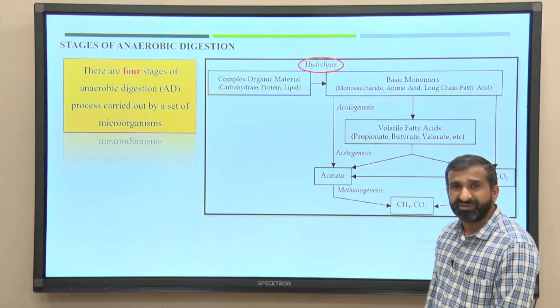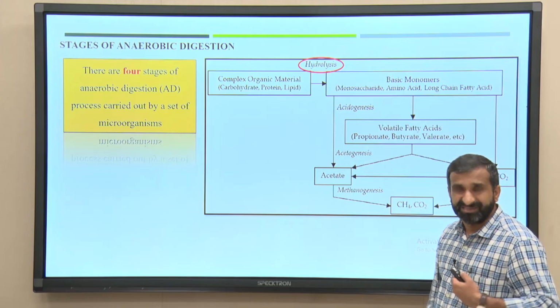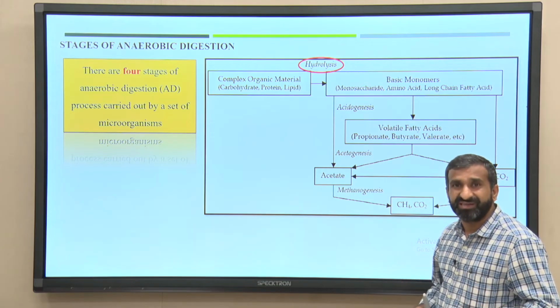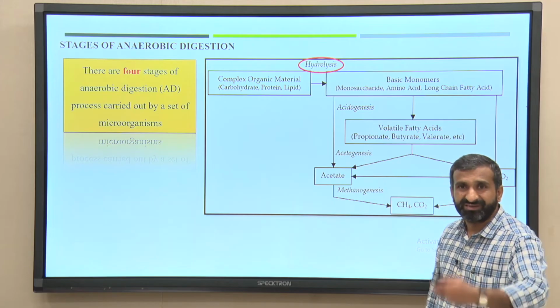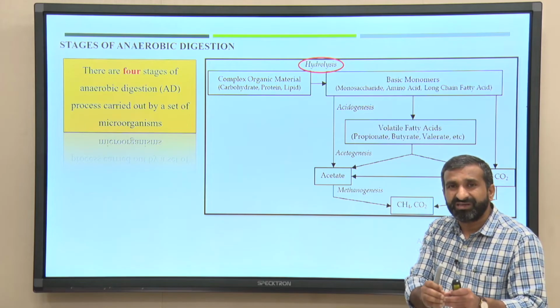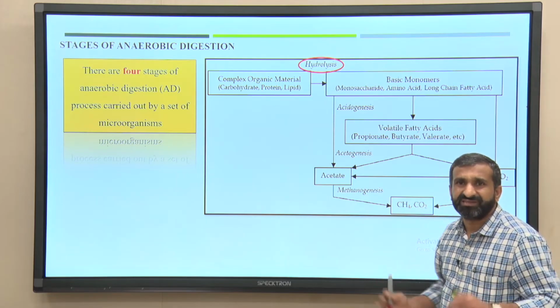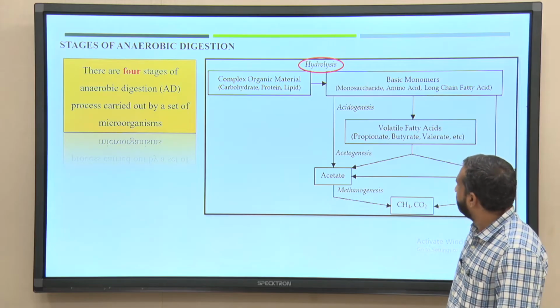So why is cooking very important? Because that particular substrate can't be digested by humans very easily. If we go for cooking, we hydrolyze it and convert that food into very simple material which is very easy for humans to digest.